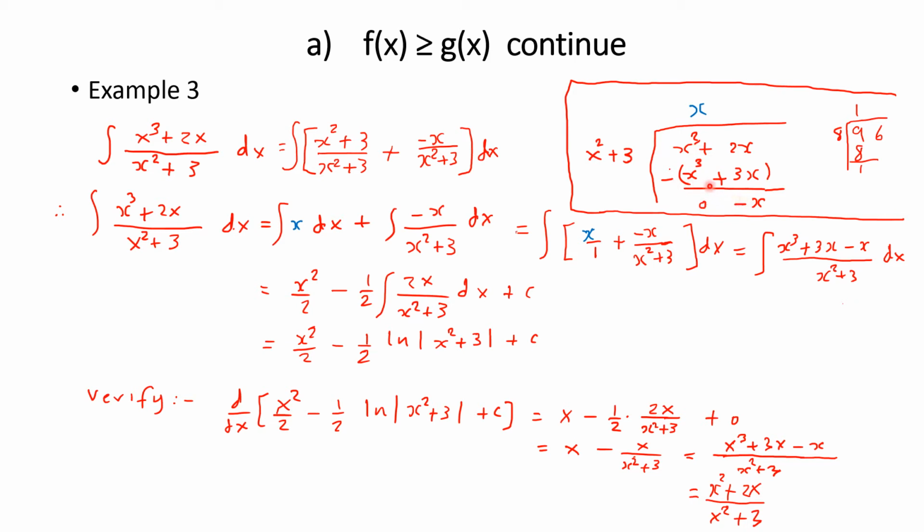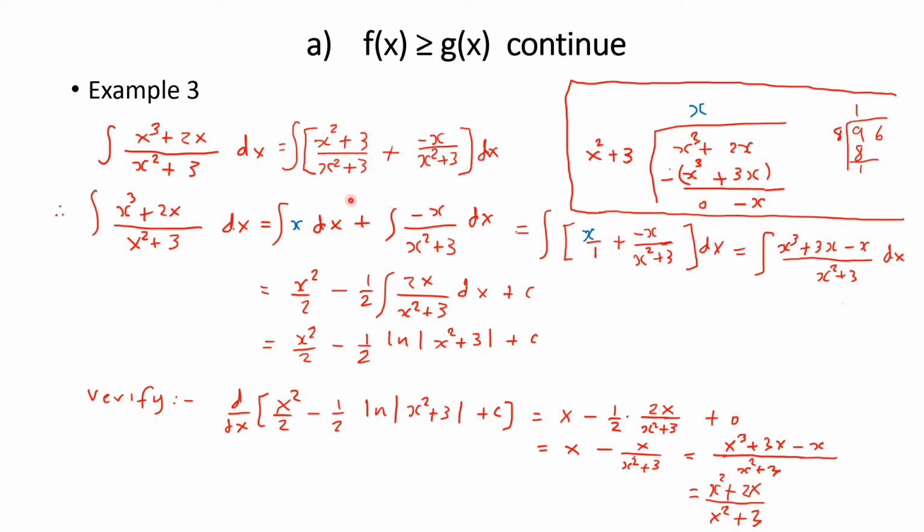And then the negative will change this 3x to negative 3x. And we have positive 3x, so this will give us negative x. So the result of division is x and the remainder is negative x.